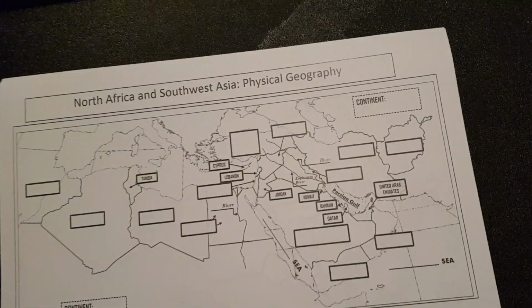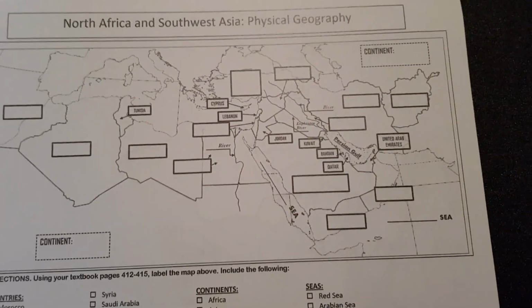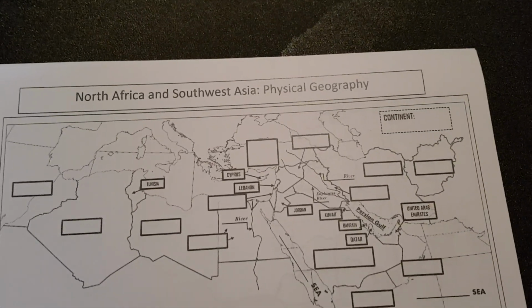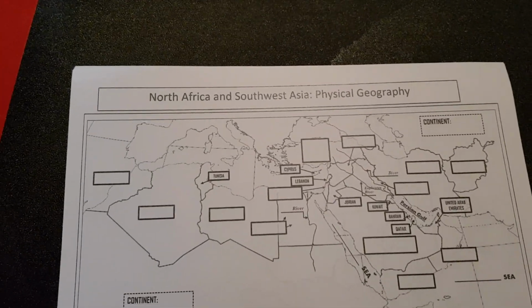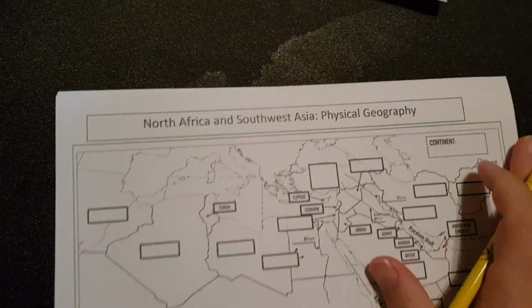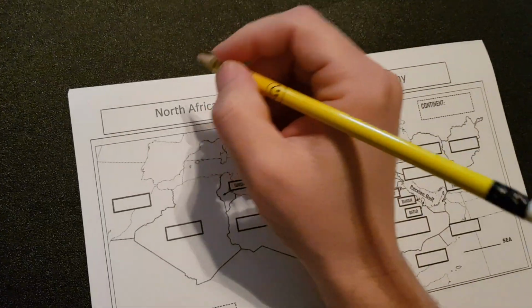But today we are going to start looking at, like I said, Southwest Asia and North Africa. This area goes by a couple of different names. You're going to see Southwest Asia without a doubt, and you're going to see North Africa. But many times, you're going to see it going by a different name.